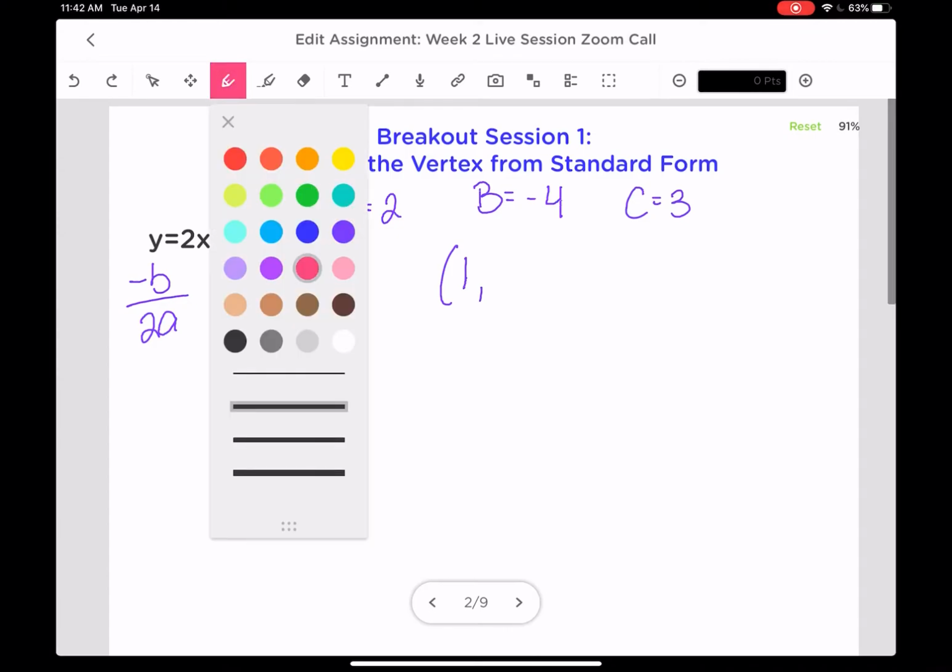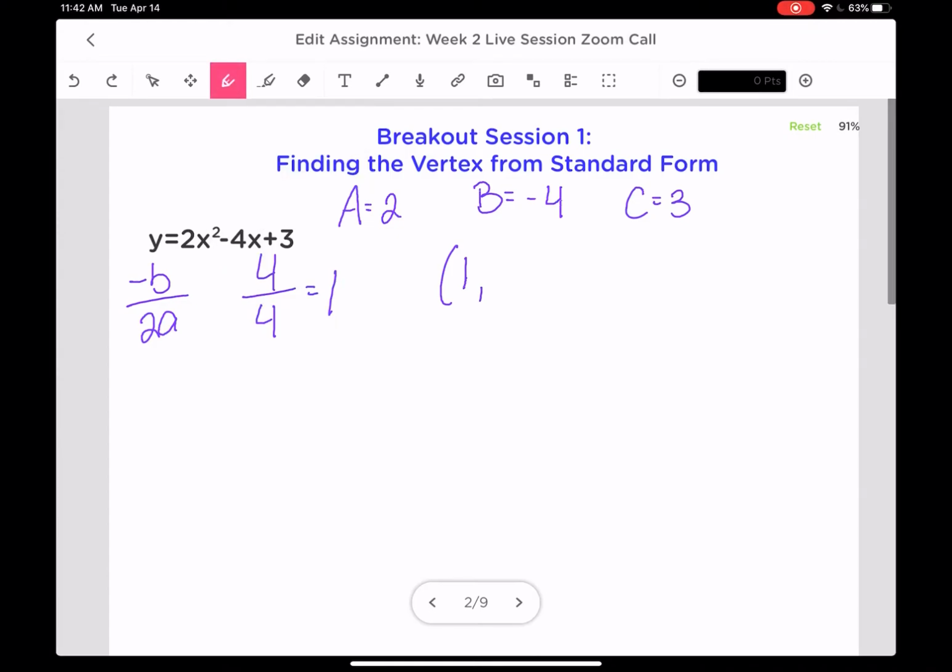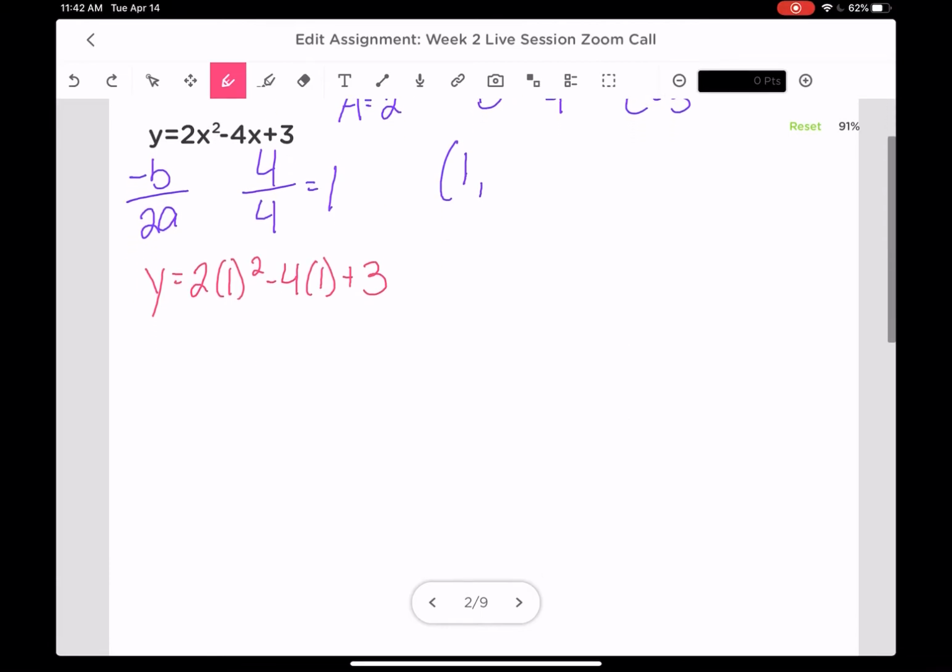Again, to find the y value, all you have to do is take that x value and substitute it in for x in your original equation, and that will give you y. I need to make sure that I'm applying my order of operations. For this, I have to do 1 squared first, and then multiply it by 2.